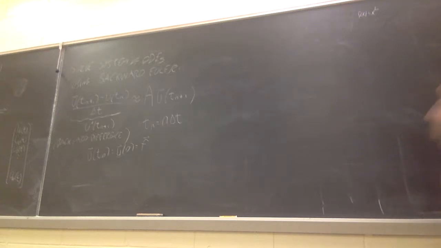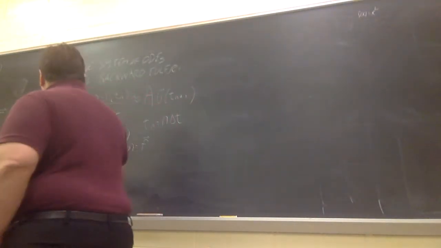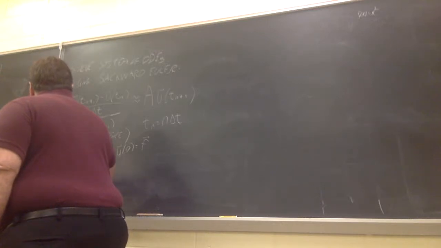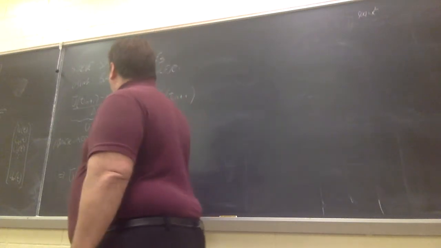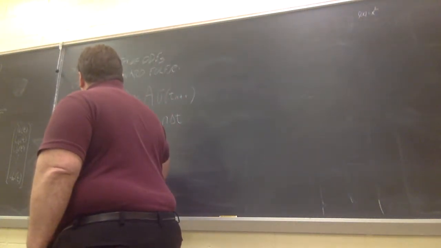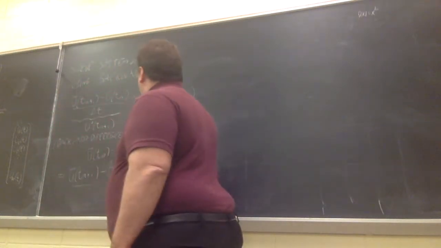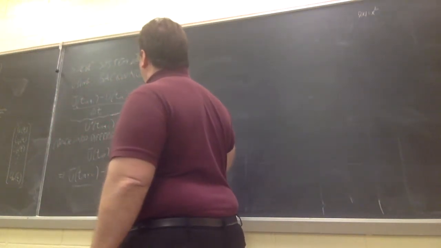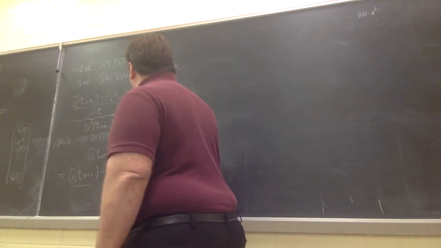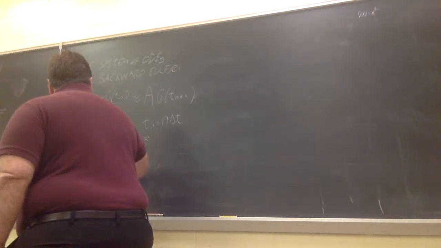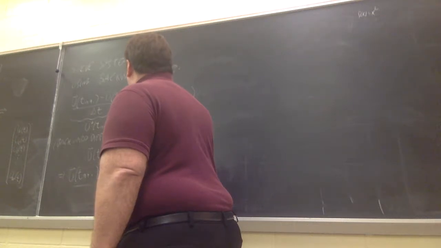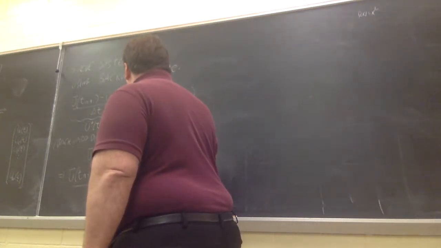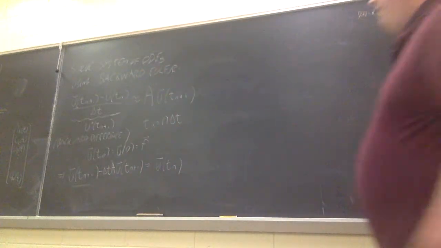So I can rearrange this. u of tn plus 1, and then I'll move this over to the left side, so minus A times u of tn plus 1. And then I'll take this and move it over to the right, multiply by delta t. Oh, whoops. Actually, this is not multiplied by delta t, u of tn.